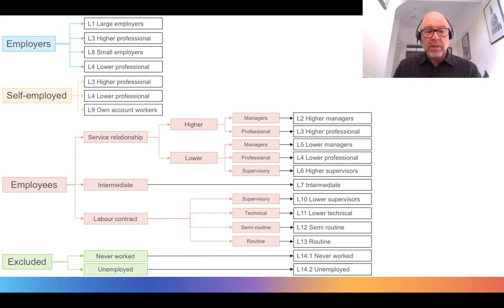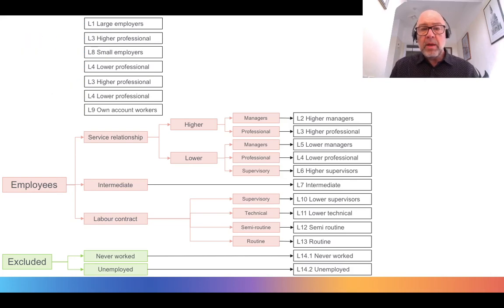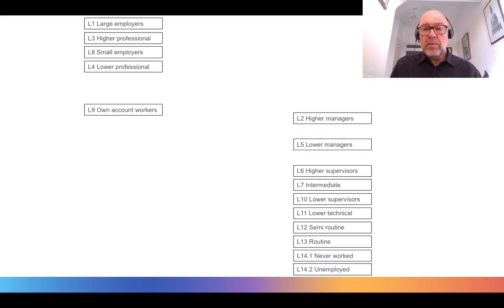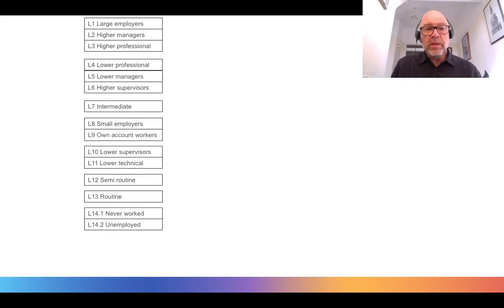Now if I just tidy up this slide, we'll remove the duplicates, and then if we order them we can see how the operational categories then cluster into the different classes.